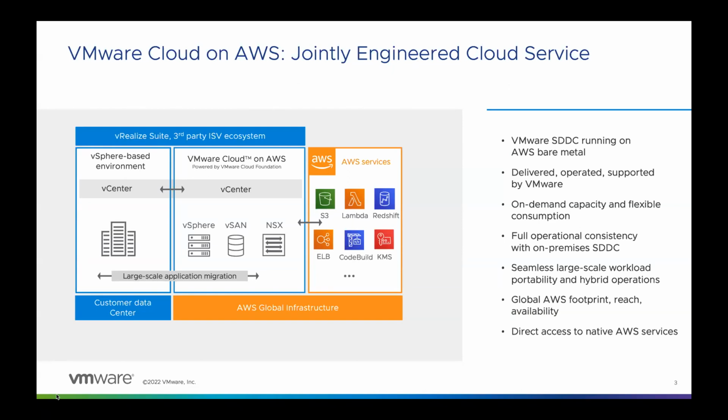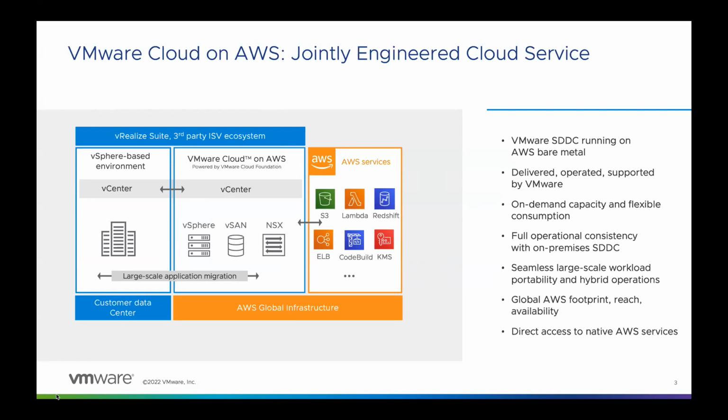When we're looking from left to right, customers will have their on-premise data center, and that can connect with VMware Cloud on AWS. So the actual service of VMC are AWS bare metal instances running in an AWS data center, and VMware will deploy that software stack on top of those bare metal instances or hosts.